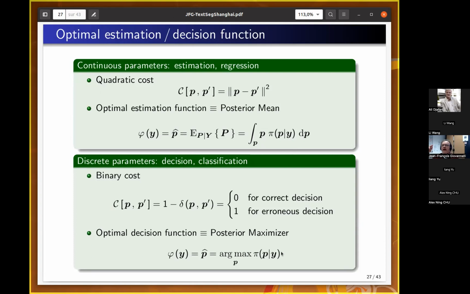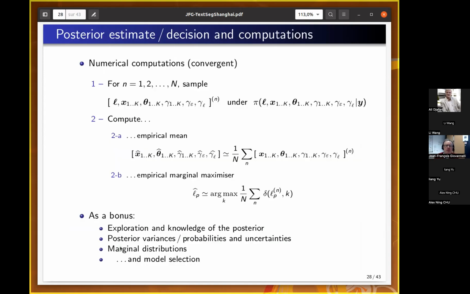That's why I am interested in the posterior and the computation of the maximizer, or maybe the marginal maximizer, I could comment on that, and the posterior expectation. That's why we are interested in sampling. To compute these estimates, we will resort to sampling.